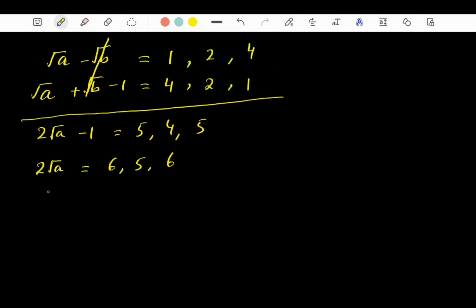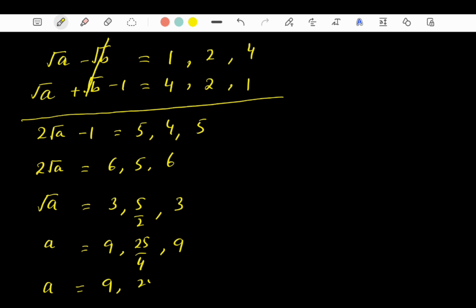Dividing by 2, we get square root of a is equal to 3, 5 by 2 and again 3. Now taking the square on both sides, a will be 9, 25 by 4 and again 9, or a is equal to 9 and 25 by 4. Because 9 is written 2 times, we are writing it only once.